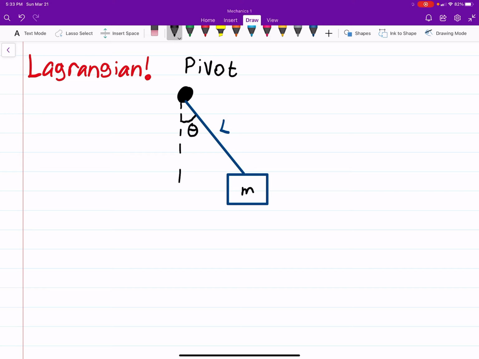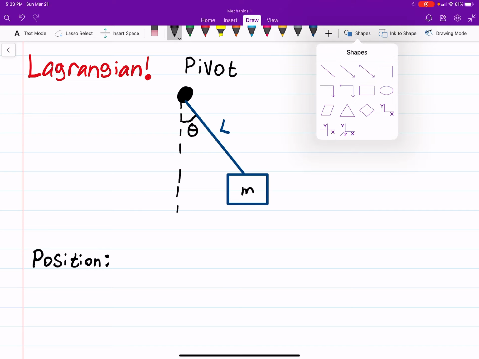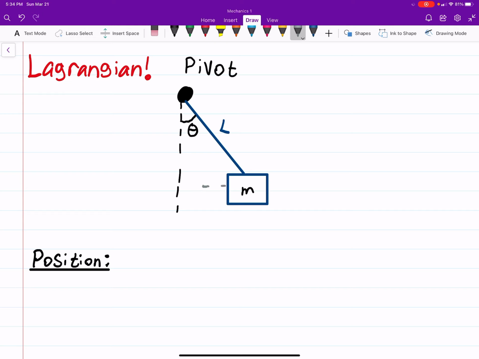So to begin with, we want to describe the position. That's our first step. The position of the object we're interested in, which is this mass. So we have this pivot, this little pendulum about the pivot, and hopefully you can see that, let's set the origin to be when theta is equal to 0.